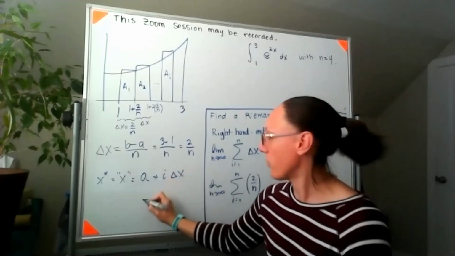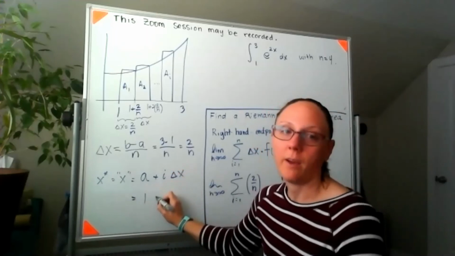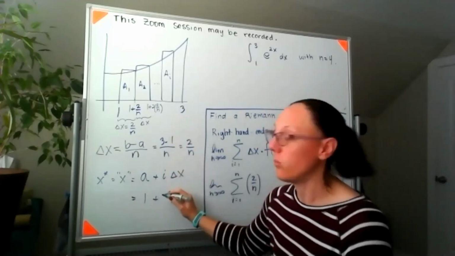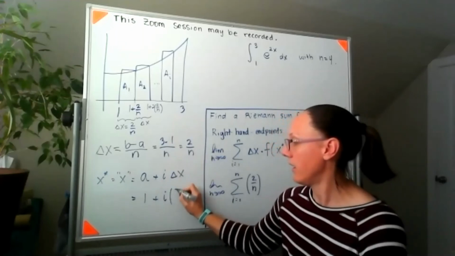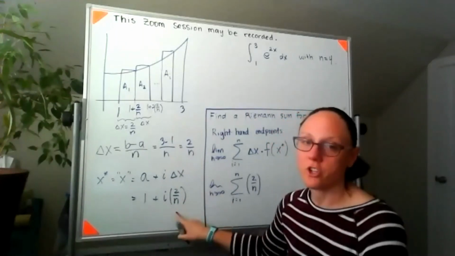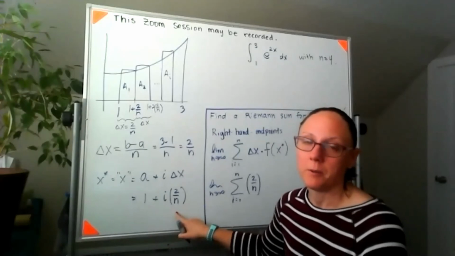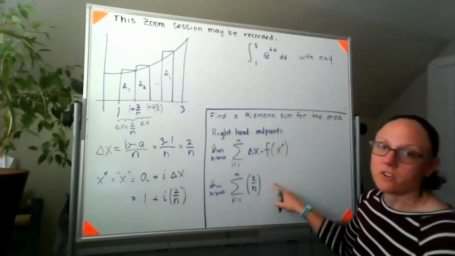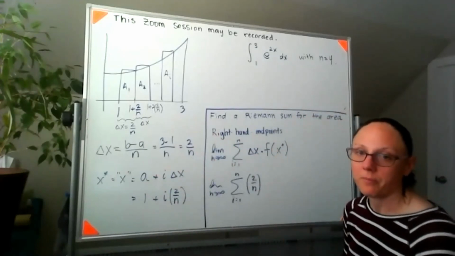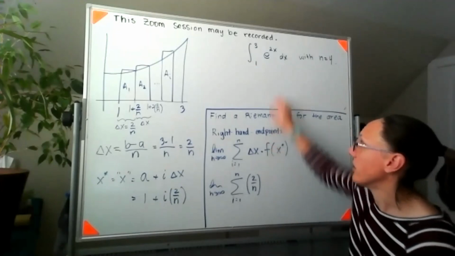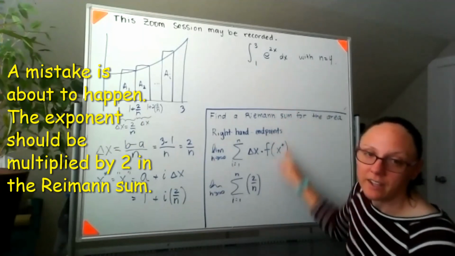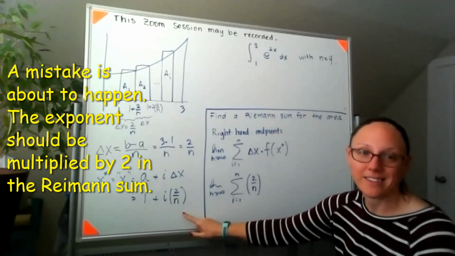So for our particular problem, we started at 1, and when we get to the ith rectangle, we've moved i of our 2 over n increments. So what comes into our Riemann sum is our function, e to the 2x, evaluated at this x value.